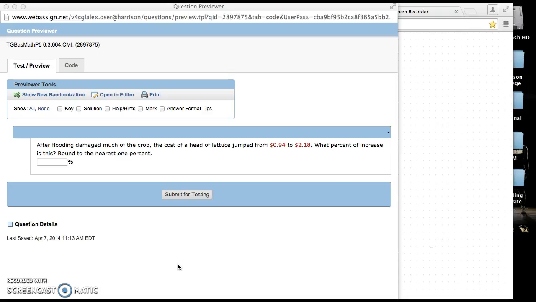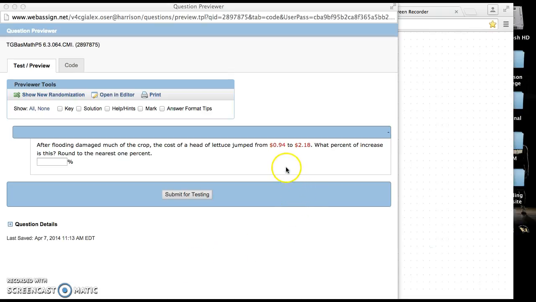So basically it's a two-step process. Step 1 is to subtract the smaller number from the larger to find the amount of increase or decrease. And then step 2 is to find what percent the amount of increase or decrease is of the original amount.